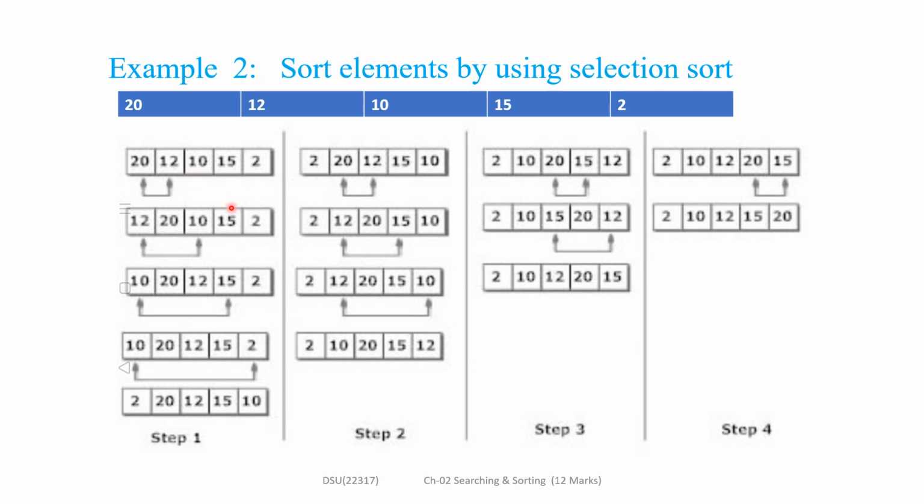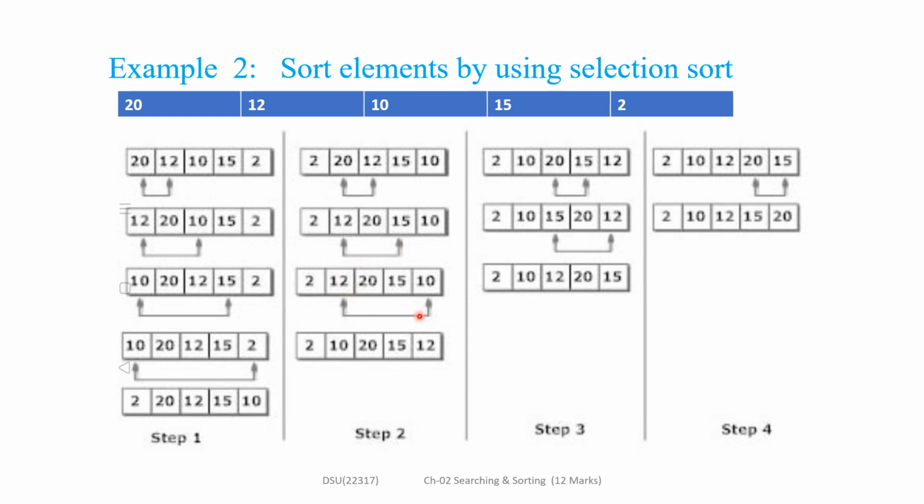See, this is the example. Now after pass 1, we will get this list. Then with this list, we are going to sort the other elements. Now this is 20 and 12. 20 is greater than 12, so exchanging. So here it's 12. Now 12 is compared with 15. 12 is less than 15, and that's why no swapping.